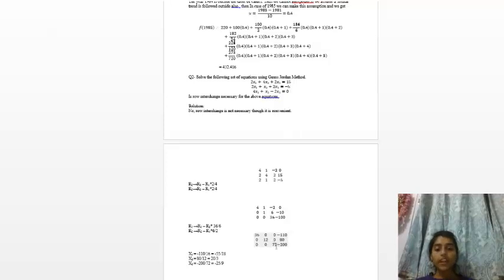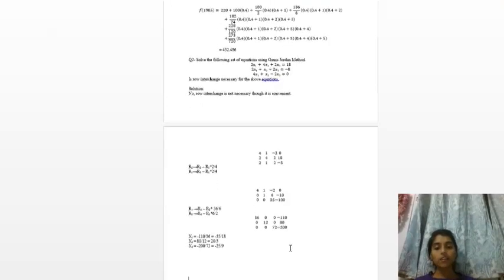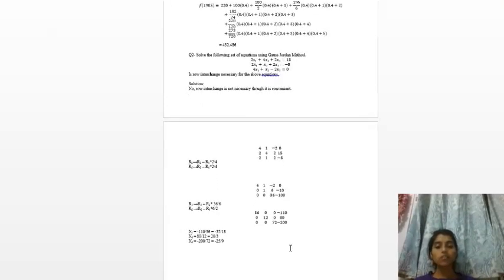So, x2 is equal to 80 by 12, that is 20 by 3. The last equation is 0x1 plus 0x2 plus 72x3 is equal to minus 200. So, x3 is equal to minus 200 by 72, that is minus 25 by 9. Sorry.